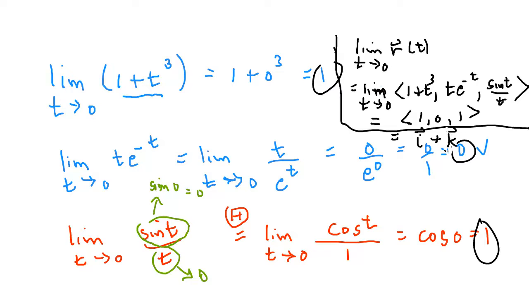Yeah, so we're taking the limit as t approaches 0 of this vector function r of t. And that limit equals a constant vector, i plus k.